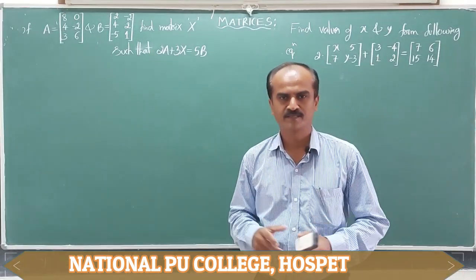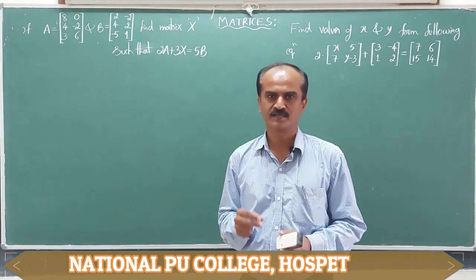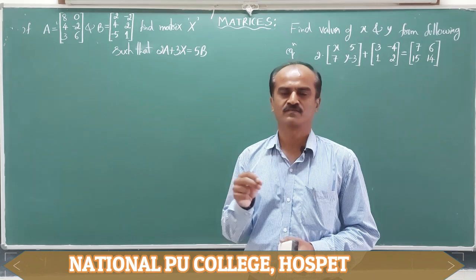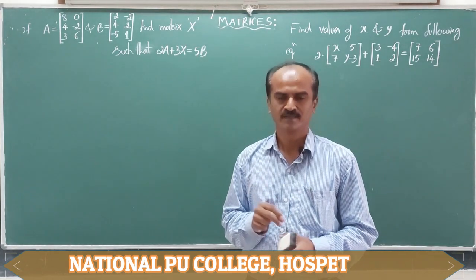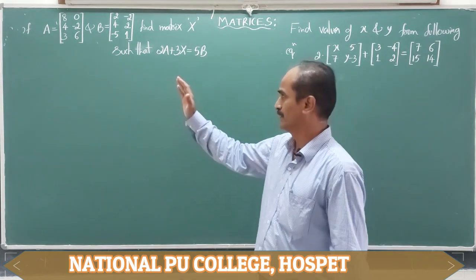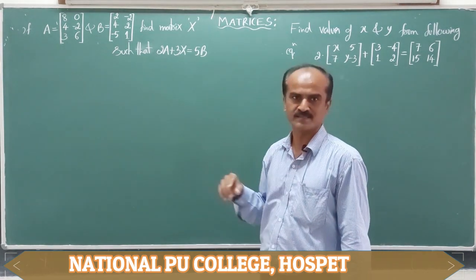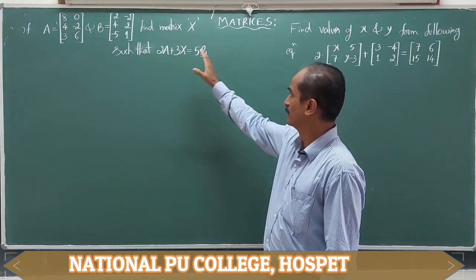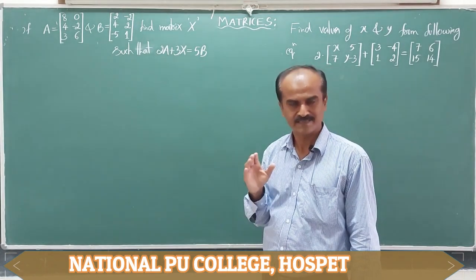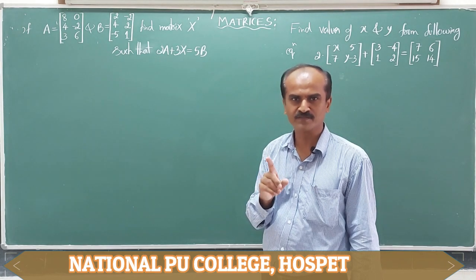Now, by knowing the basic operations like matrix addition, scalar multiplication, difference of matrices, let us try to solve some simple examples. Here, in this example, two matrices A and B are given. Required to find a matrix X. X is of course unknown; it is not an element of the matrix.